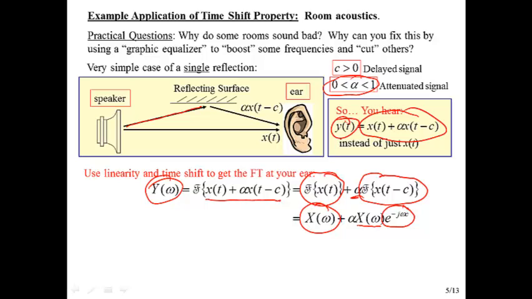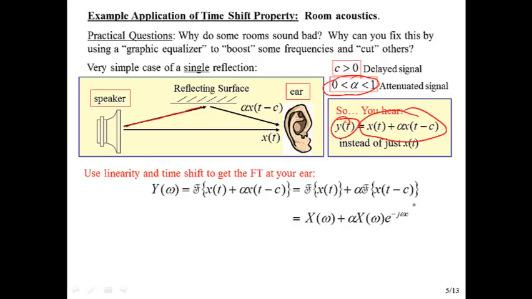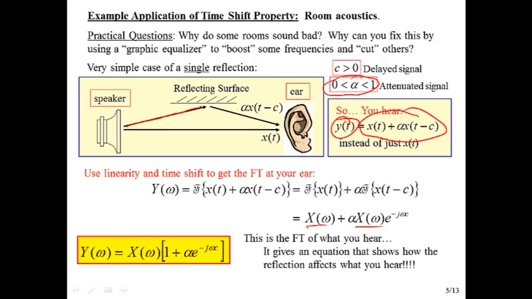If you're unclear where that came from, go back and look at our lecture on the time shift property in the Fourier transform properties lecture, or just look at the Fourier transform properties table for the time shift or delay property. So now we see we have a common X of omega in there.